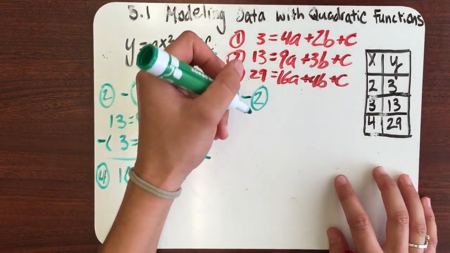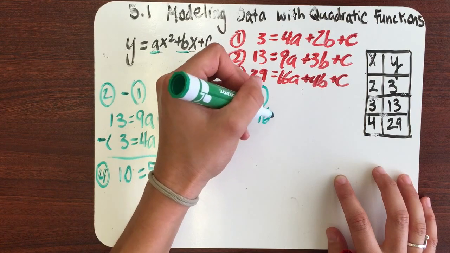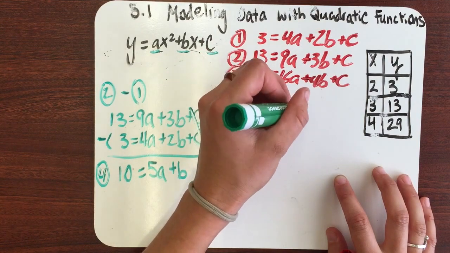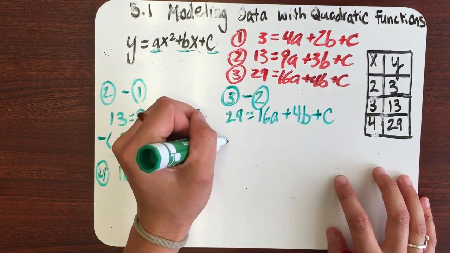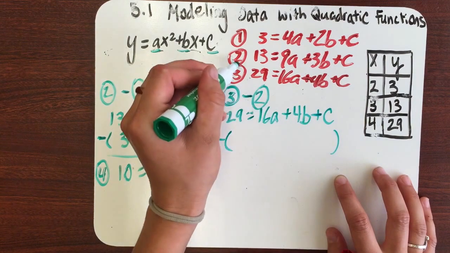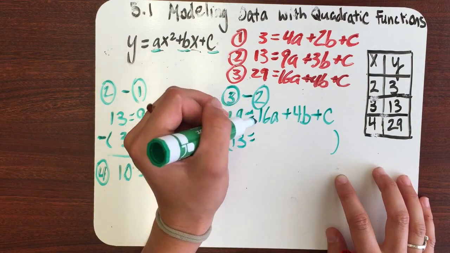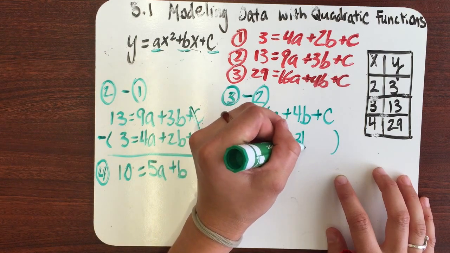We have 29 is equal to 16a plus 4b plus c. And then we have minus, we're going to subtract equation 2 here. 13 is equal to 9a plus 3b plus c.